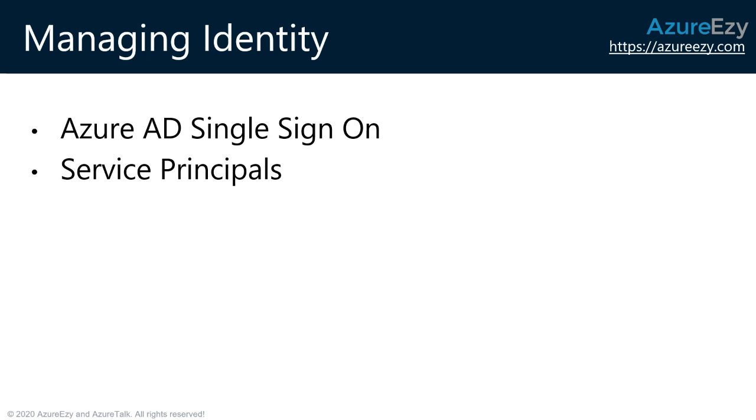So for example, if I have created a service account with certain privileges on an Azure Key Vault to get and list secrets from the Azure Key Vault, then it will only be able to get the list from the Azure Key Vault. It won't be able to make any changes to that information.